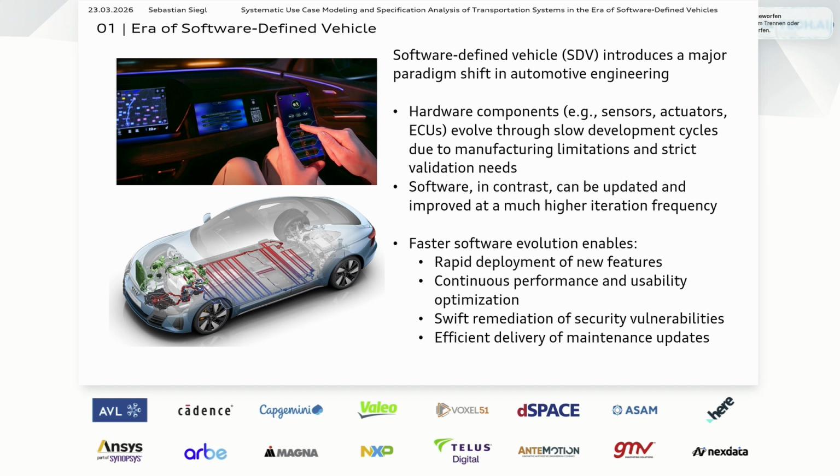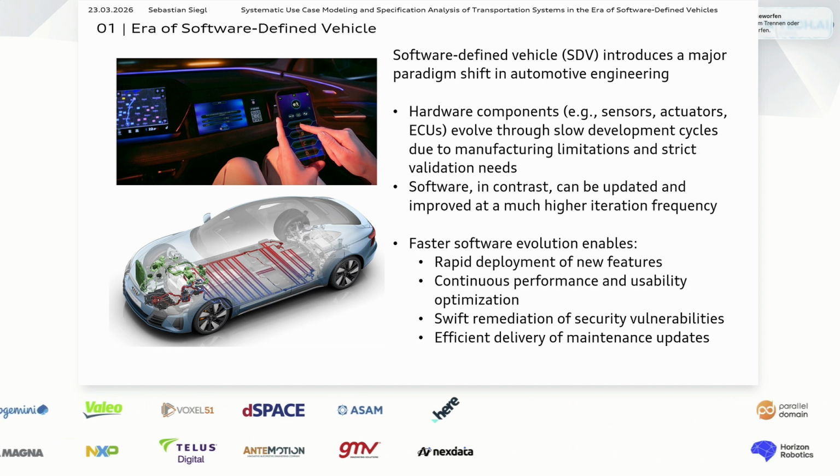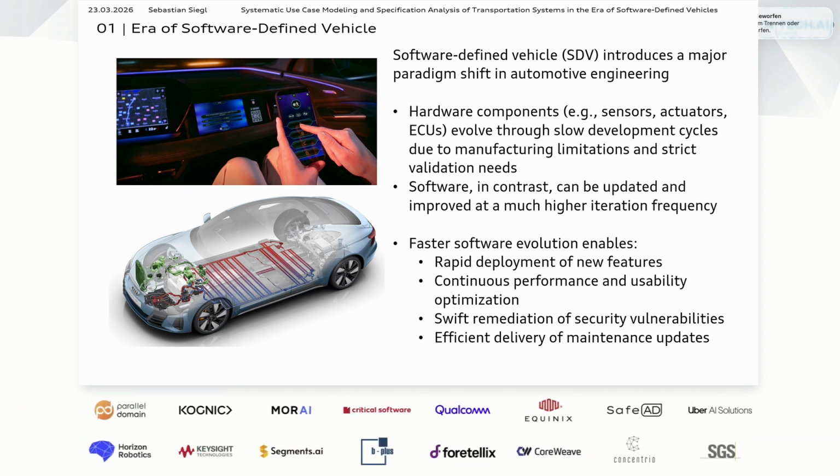And your hardware component development is traditionally slow, and it will still be slower than the software development because of the development cycles of hardware and production, how you can update and introduce it into the production of the vehicle and so on. But your software, in contrast, you can update at a much higher frequency.